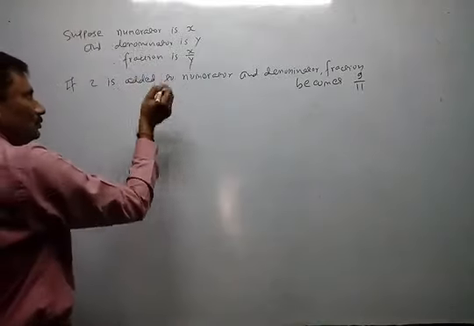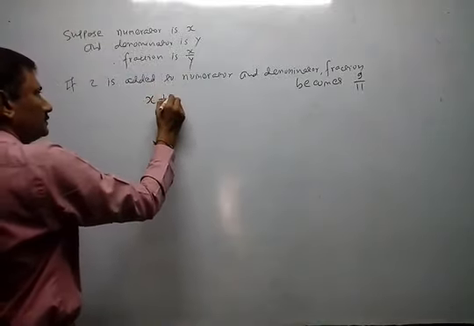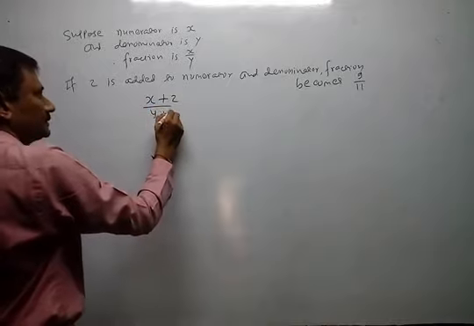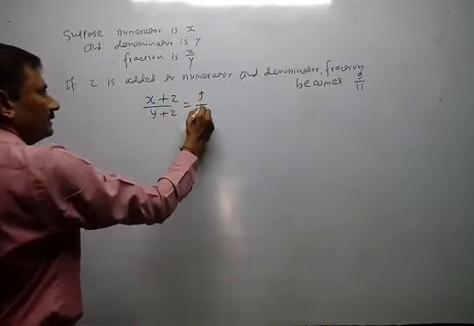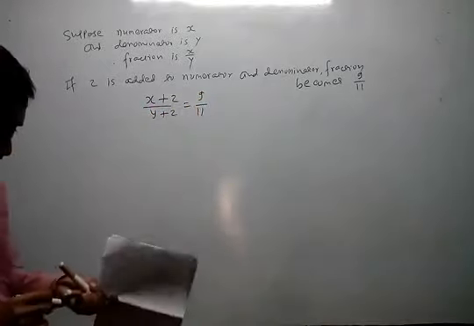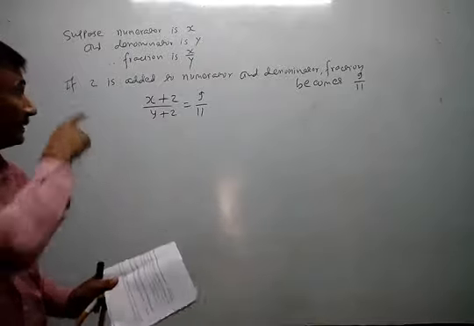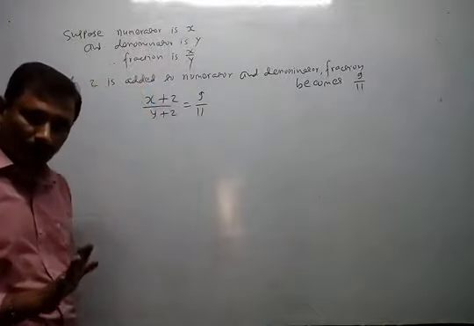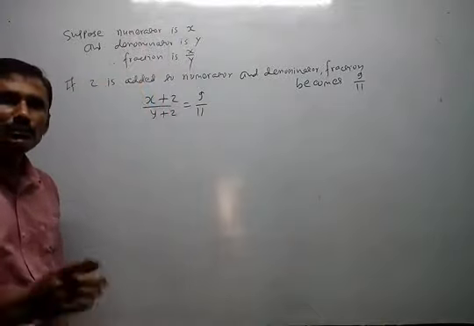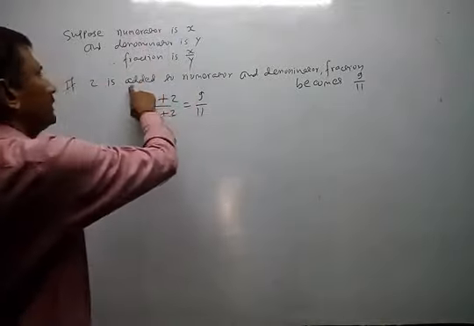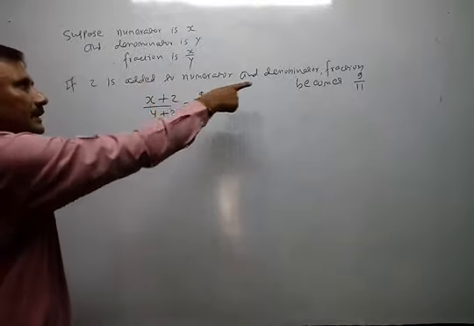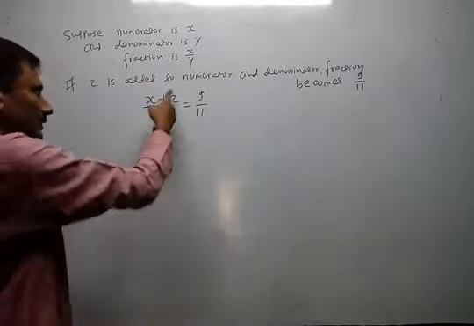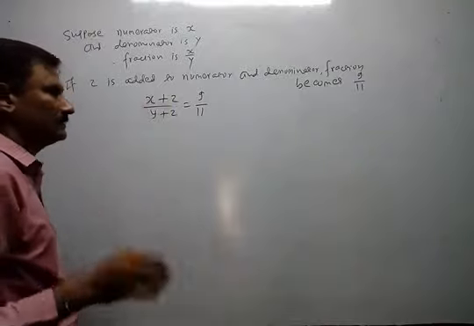Okay, so (x plus 2) by (y plus 2) equals 9 by 11. Just look carefully and read the statement again. The original fraction, whatever it may be, we don't know. But if you add 2 in the numerator and 2 in the denominator, meaning 2 at both places, then the fraction becomes 9 by 11. Don't cancel it out. Okay, that is not possible.